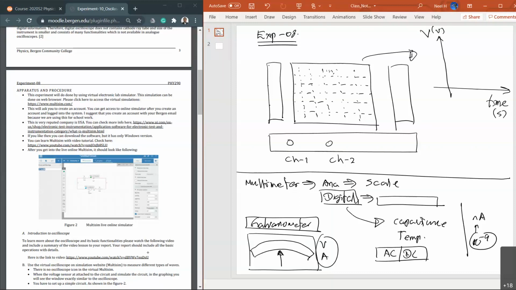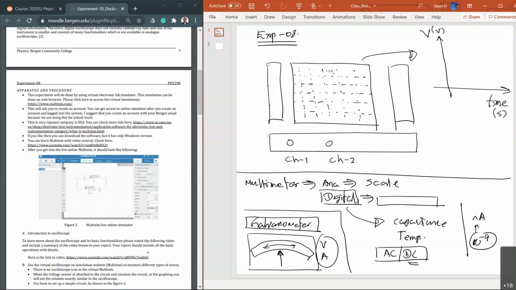But the galvanometer, particularly, is not good to measure AC voltage at all, because if you put in AC voltage, this deflection needle is going to start going in the positive and negative direction completely, and it's not going to be any useful reading at all. For DC measurement, that is good. But the multimeters can do all these measurements.